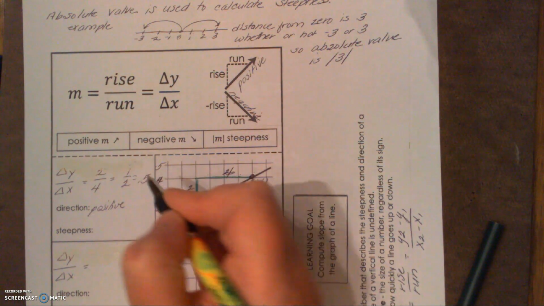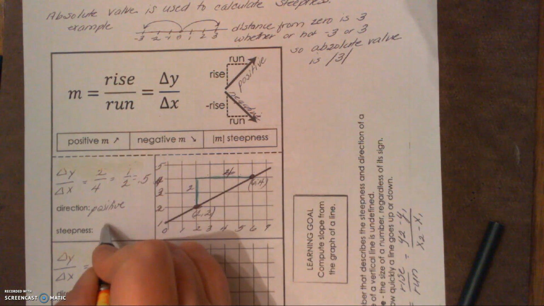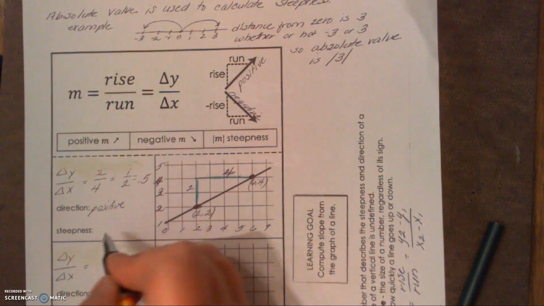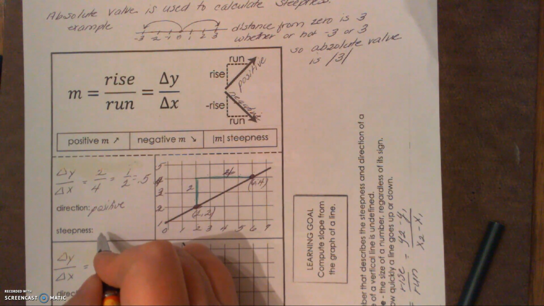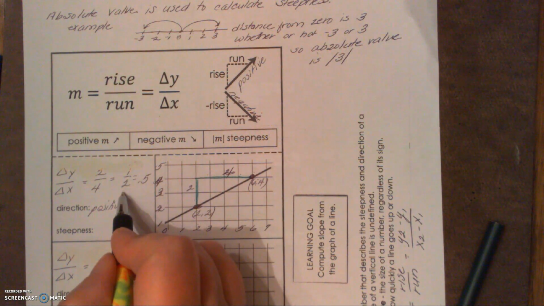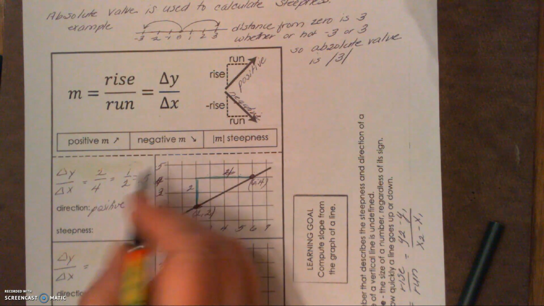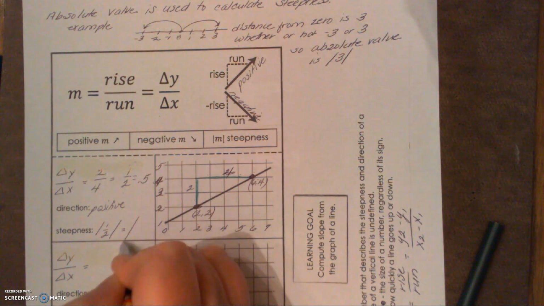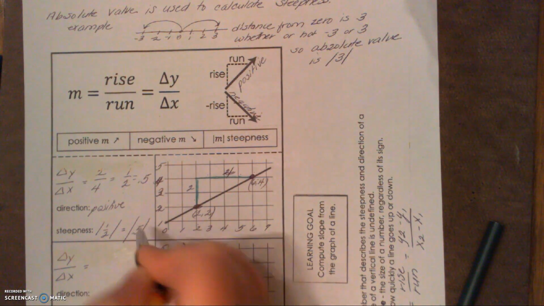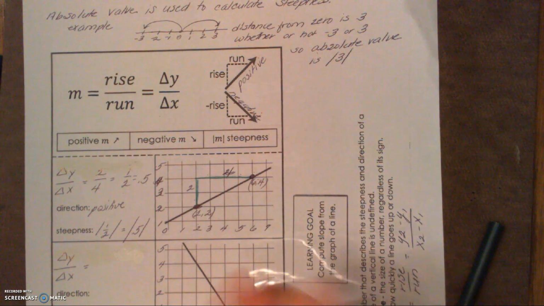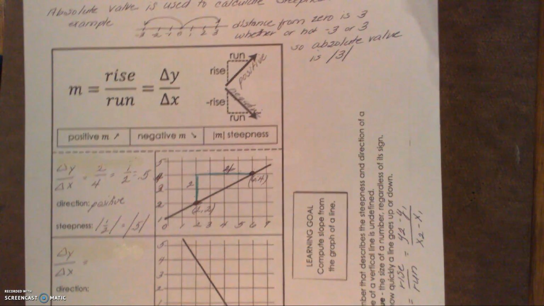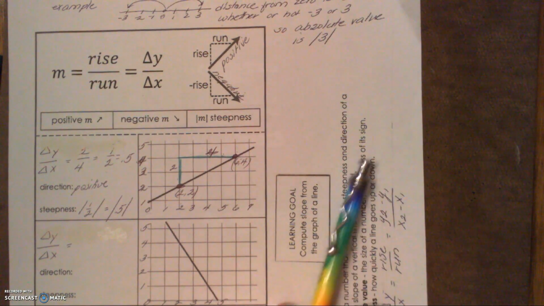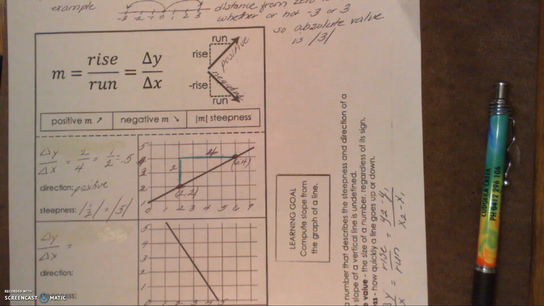When you do the steepness, and you have to say which one is steeper, sometimes you're going to want to use the fraction, or sometimes you're going to use the decimal. So the steepness is either 1/2 or 0.5.